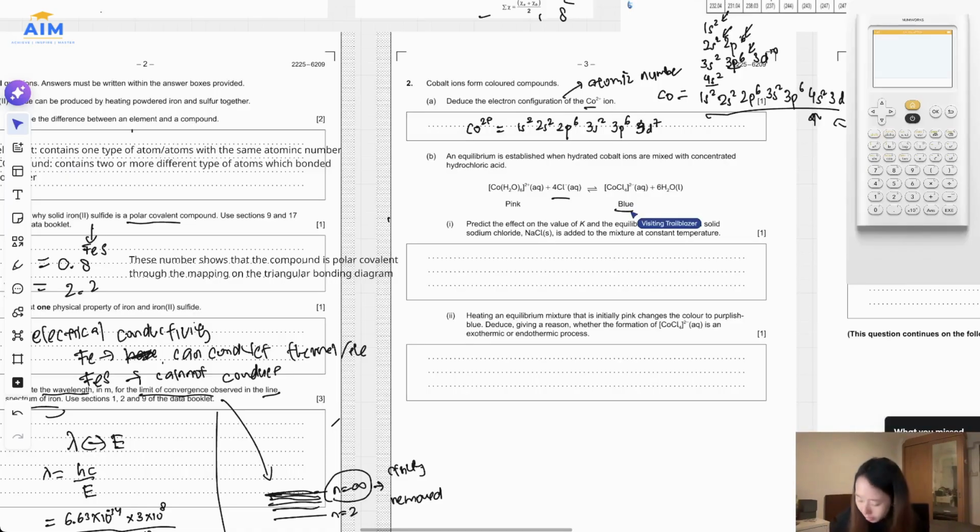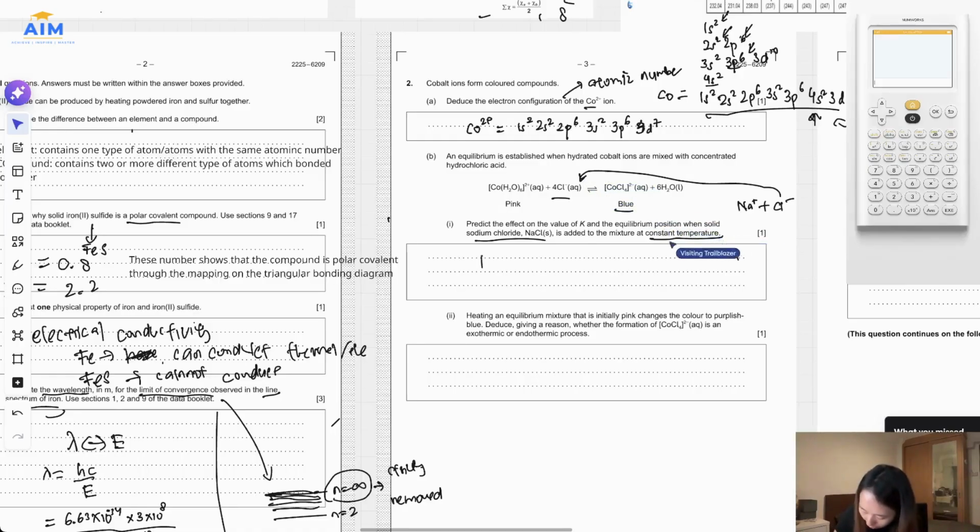When solid sodium chloride is added to the liquid, it breaks into Na+ and Cl-. This Cl- could affect the equilibrium shift. But does it affect K? No.